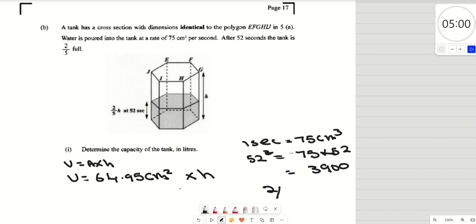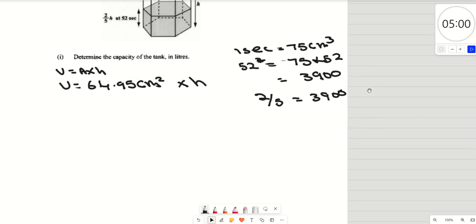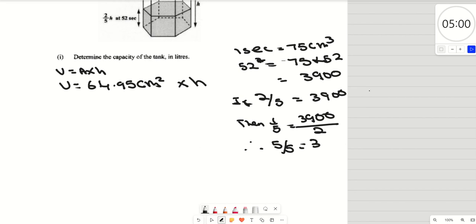So if 2/5 equals 3,900, then we want to find out the whole. If 2/5 is that, then 1/5 would be 3,900 divided by 2, and therefore to find 5 over 5, which is your total volume capacity, it will be 3,900 divided by 2 multiplied by 5.